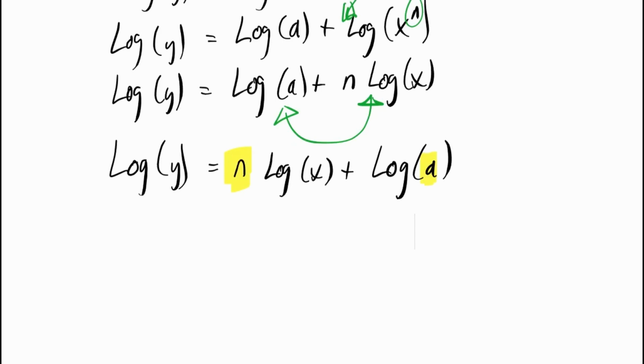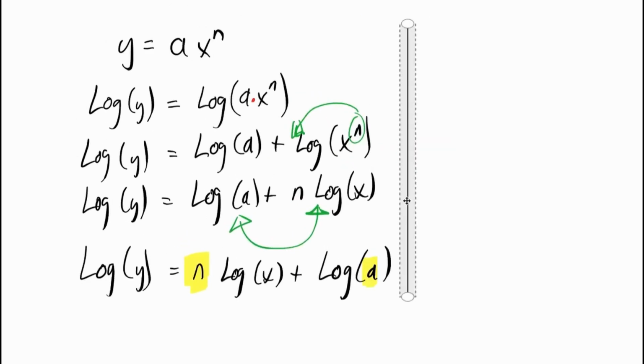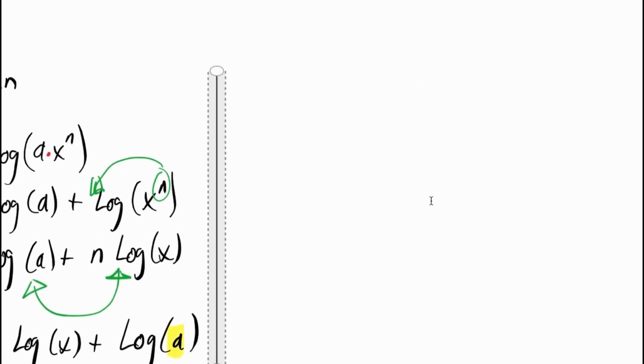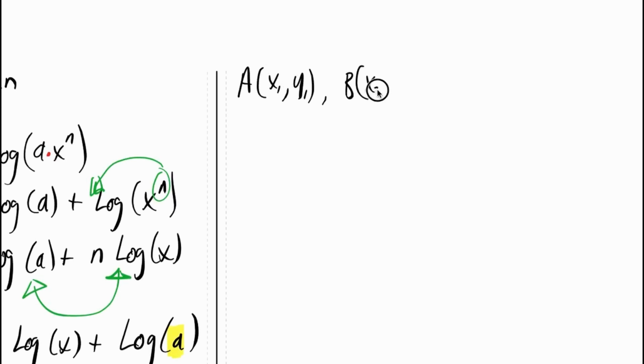So here is the big idea. Let's start off with 3 theoretical points. Point A is x1, y1, point B is x2, y2, and point C is x3, y3.